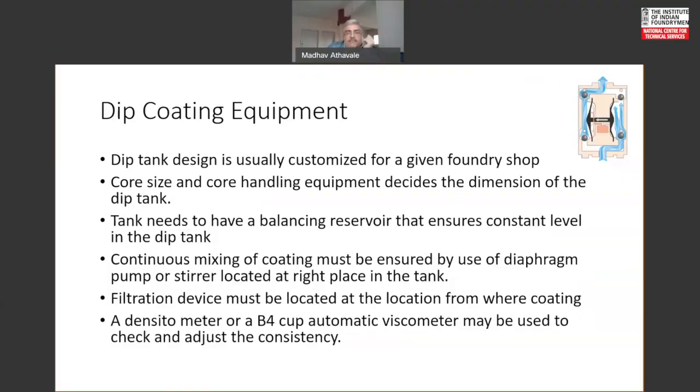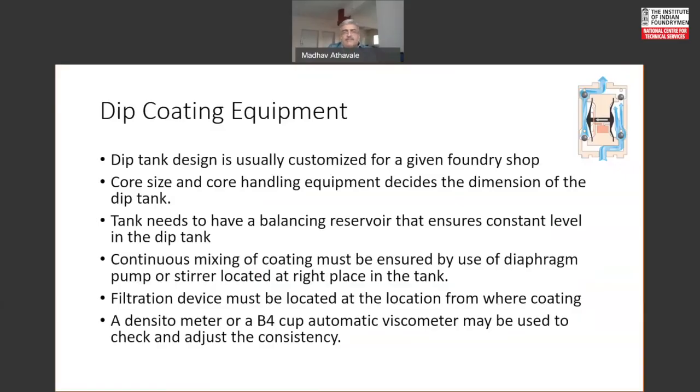Now, a B4 cup with various levels of automation is a very popular way of adjusting the viscosity of the coating. Depending on the formulation of the coating and the type and quality of the core, people will decide in what range the viscosity must be maintained for dipping application.